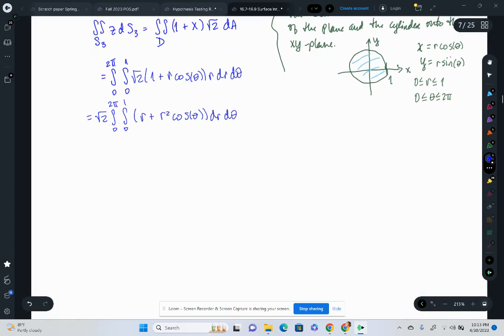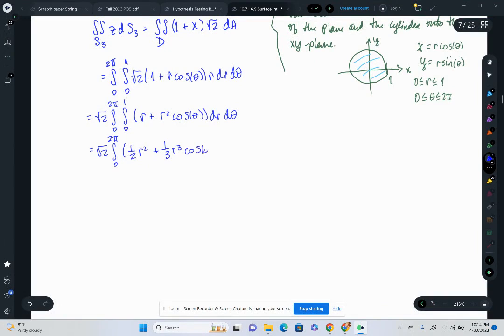Now I cannot break up my integral this time. I've been doing that whole product thing, and I can't do it because I've got a sum of things going on here. So I just have to integrate with respect to r. Square root of 2, integral from 0 to 2 pi. The antiderivative of r is 1/2 r squared. Of r squared is 1/3 r cubed.